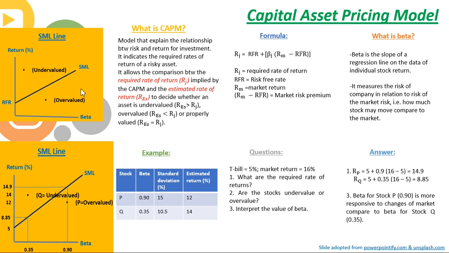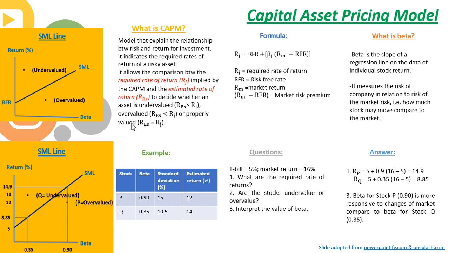Then you compare the required rate of return with the estimated return. When your required rate of return is higher than the estimated return, you will say that the stock is overvalued. However, if your required rate of return is lower than the estimated return, you will say that the stock is undervalued. And in the condition where the estimated return equals the required rate of return, you will say that the stock is properly valued.